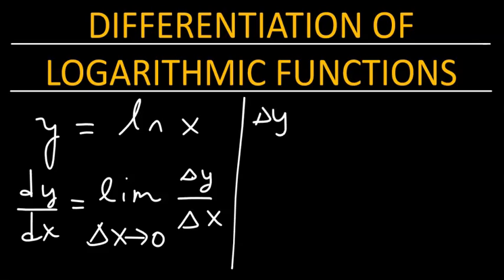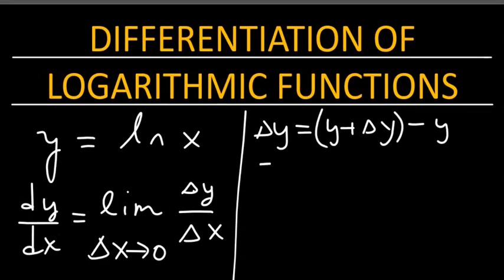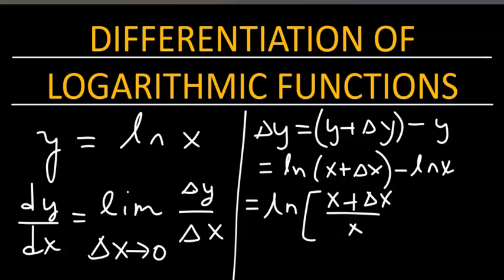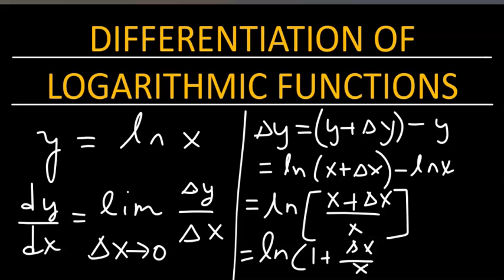So delta y is y plus delta y minus y, where y plus delta y in terms of x is natural log of x plus delta x, and y is quite simply natural log of x. So using the rule of combining the two natural logarithms, it simply becomes natural log of x plus delta x over x, which is natural log of 1 plus delta x over x.